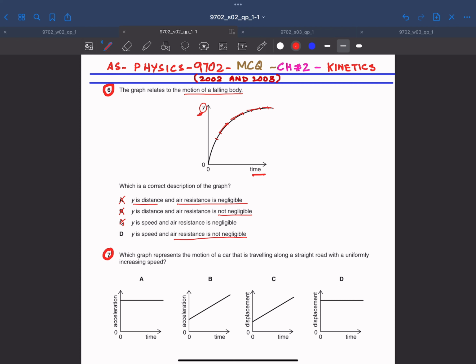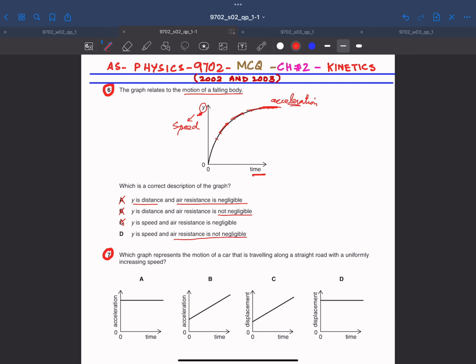This is important: if you consider y as speed or velocity, then the gradient will be the acceleration. And this graph is showing that at one point the acceleration becomes 0, meaning the slope is acceleration, and when the slope is 0, the acceleration is 0.